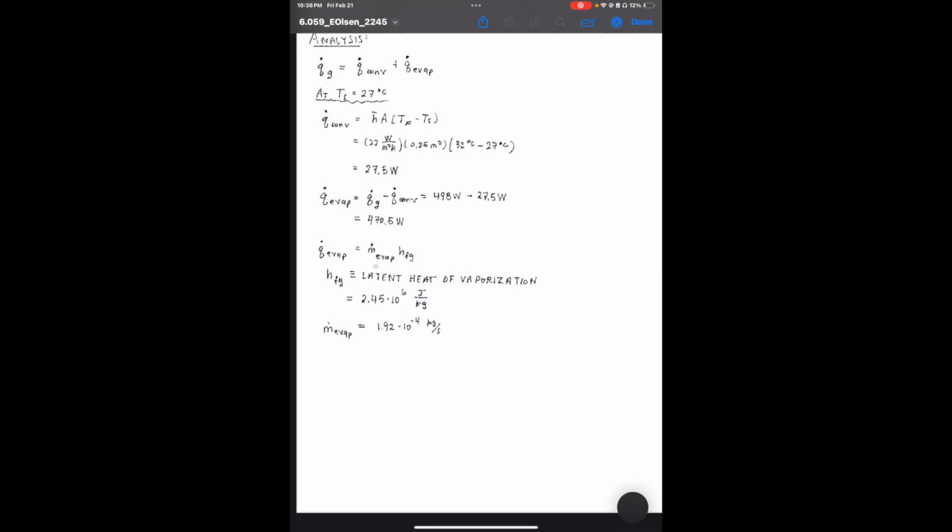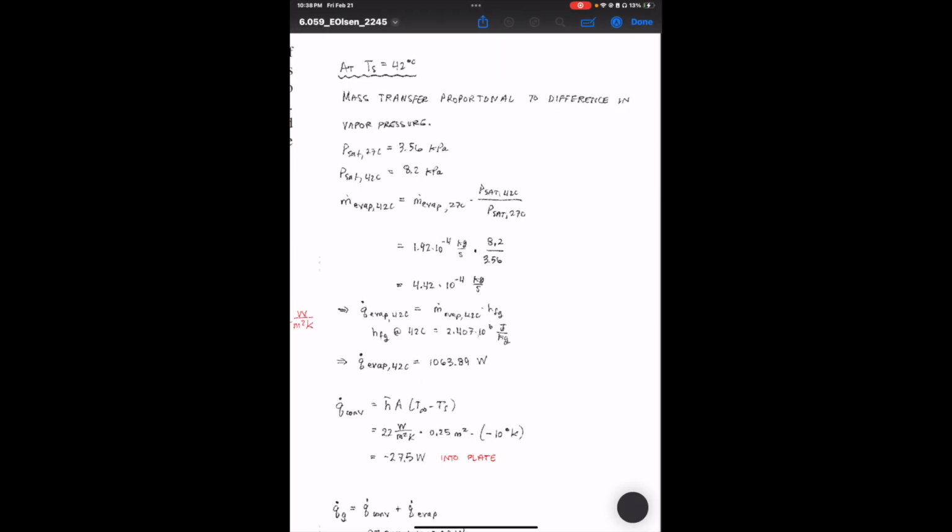Evaporative heat transfer is defined as the mass flow rate of evaporation times the latent heat of vaporization of the fluid that we're working with. And we know that for water at around these conditions, it's 2.45 times 10 to the 6 joules per kilogram. If we plug in those numbers and rearrange to solve for our m dot of evaporation for the 27 degrees Celsius case, we find that it is around 1.92 times 10 to the minus 4 kilograms per second.